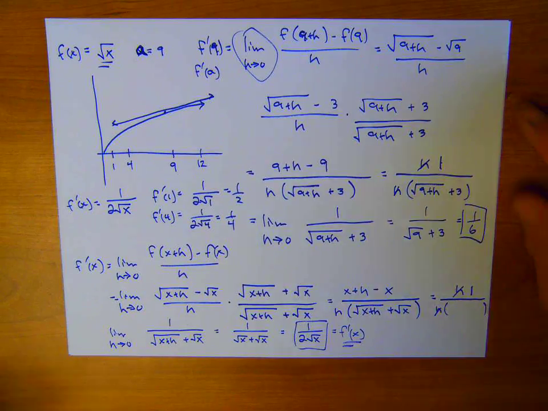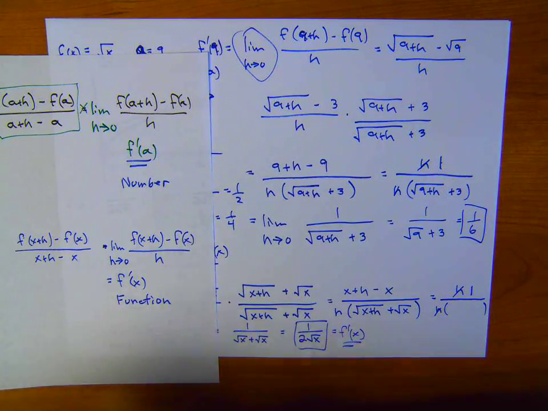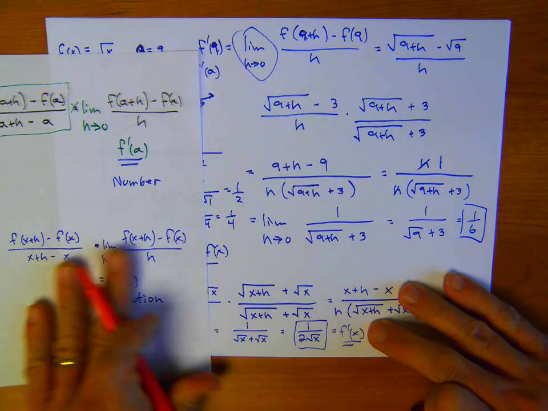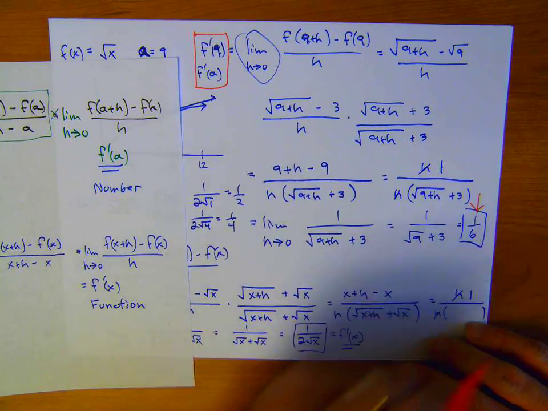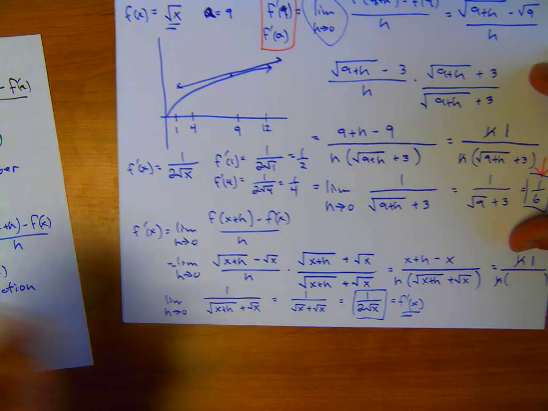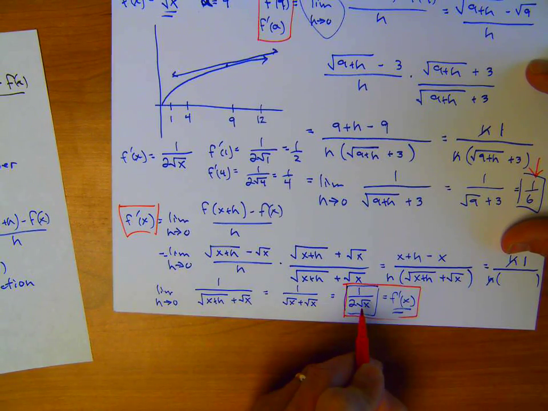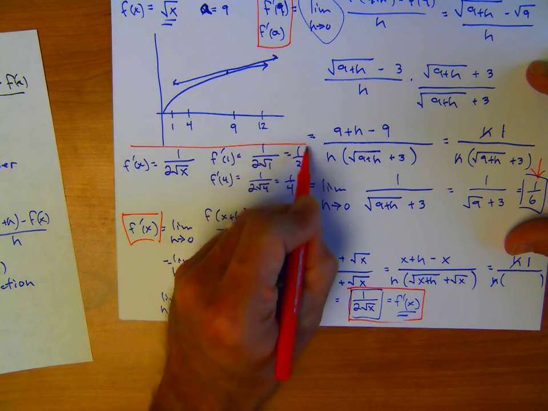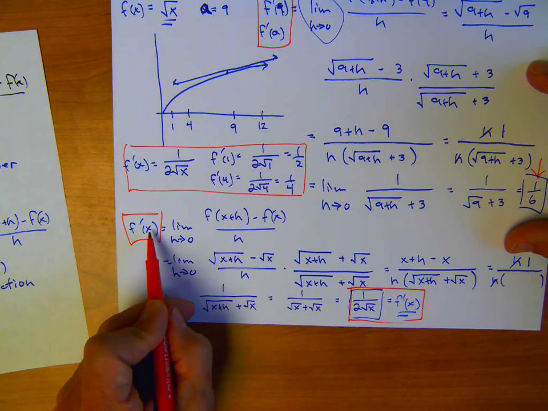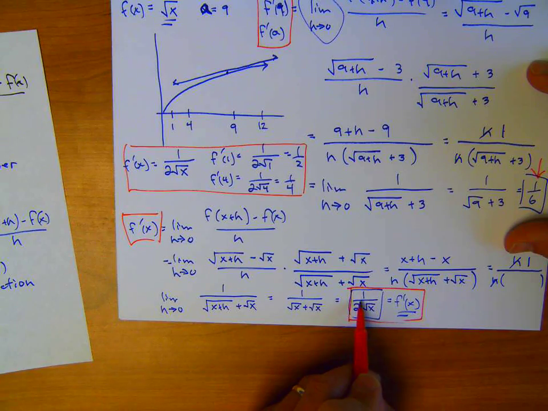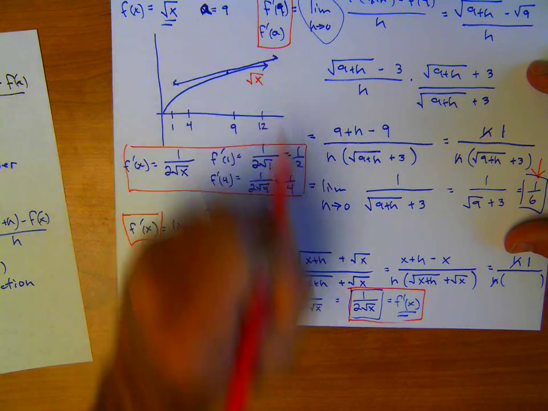So, again, just to reiterate, kind of point out some things. F prime of a, in this case f prime of 9, gave me a number, right? F prime of x, down here we see it gave me a function. And that function now can be used to find the slope of the tangent line at any point x in the domain of square root of x.